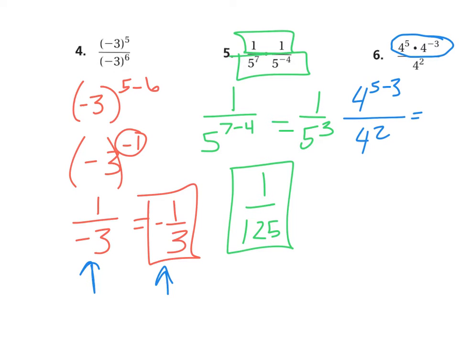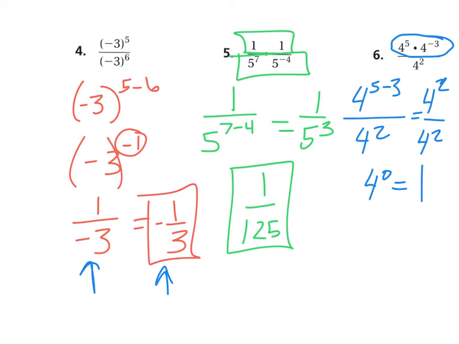Well, 5 minus 3, or 5 plus a negative 3, is just 4 to the power of 2, which gives you 4 to the power of 2. If I simplify that, I get 4 to the power of 0, which is just 1.